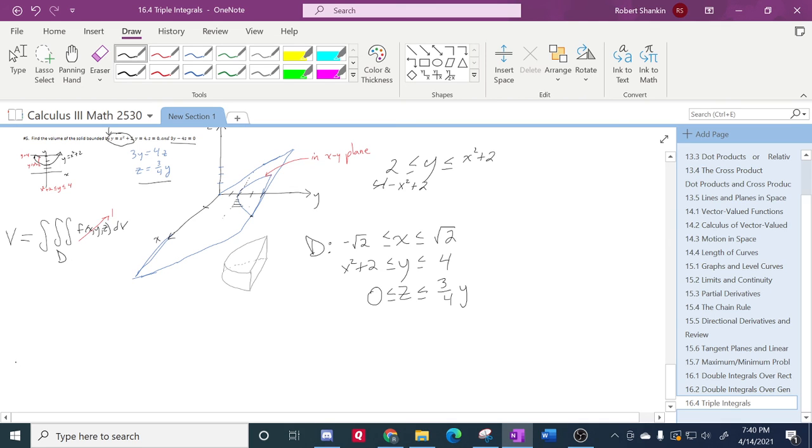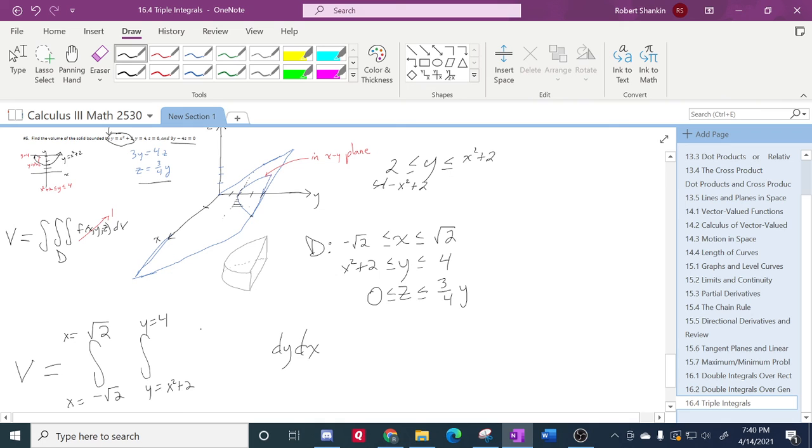we could say then that V is equal to the integral, the outermost one being negative square root of 2 to square root of 2, and that's going to correspond with dx. And then the next one is y, so y equals x squared plus 2 to y equals 4, and then there's a dy here.